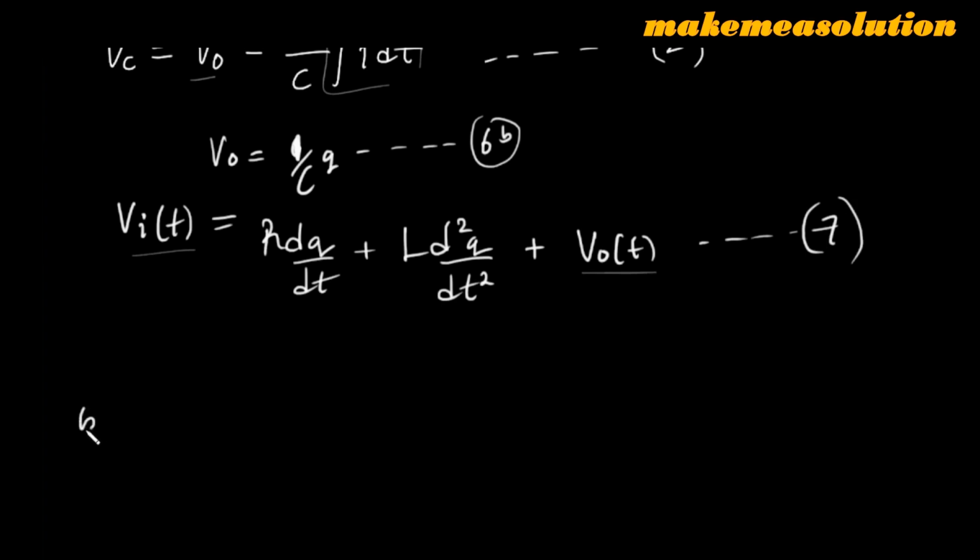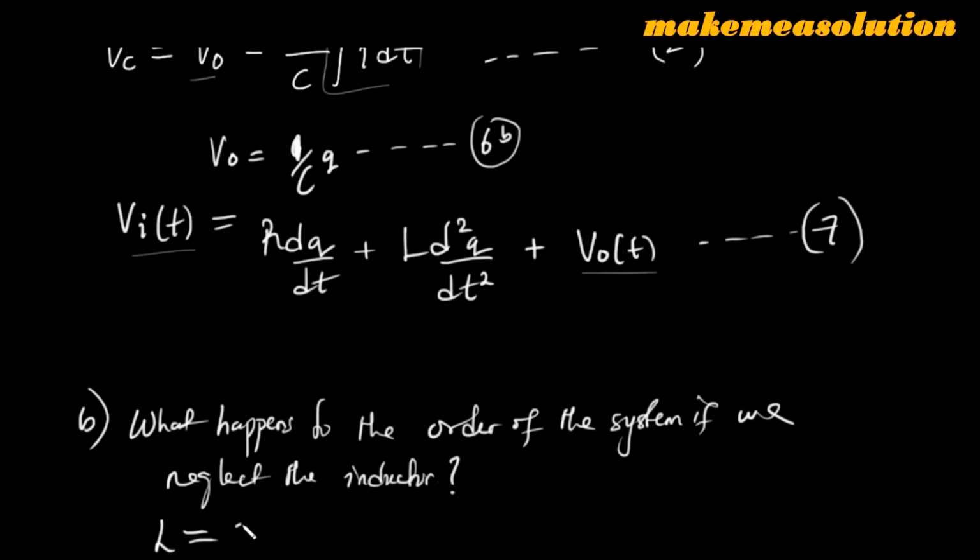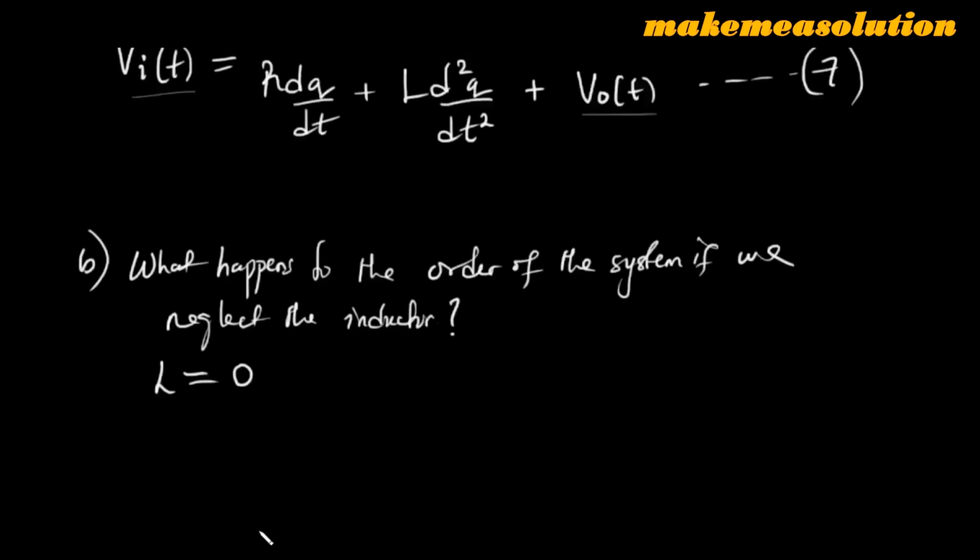So the second part of the question asks us what happens to the order of the system if we neglect the inductor. So if we neglect the inductor, we are simply replacing L with 0, assuming it never exists.